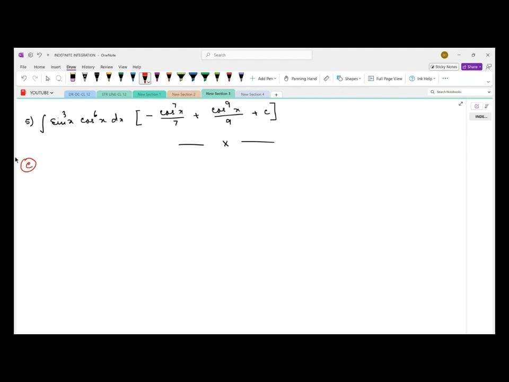The first type is: if powers of tan or cot are odd, then what you do is you extract tan x sec x or cot x cosec x from the given integral.